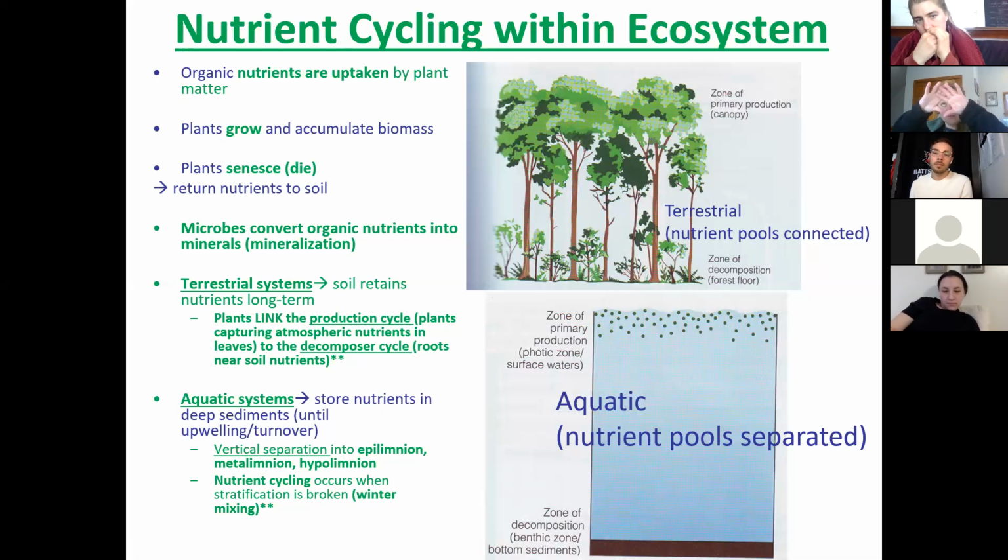So you've got spatial separation of where your organic material is being created, in the leaves, being captured, with photosynthesis occurring. And then these will die and decompose and return to the soil. There's a spatial separation between where production and decomposition occur.